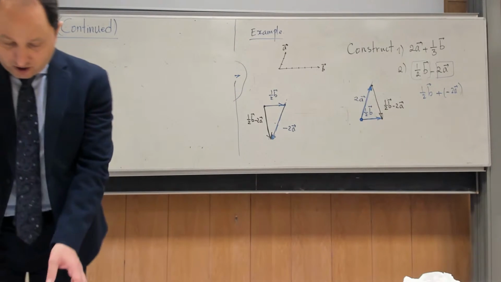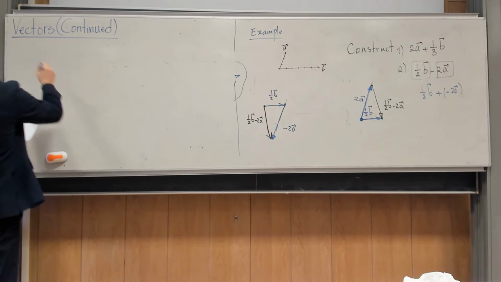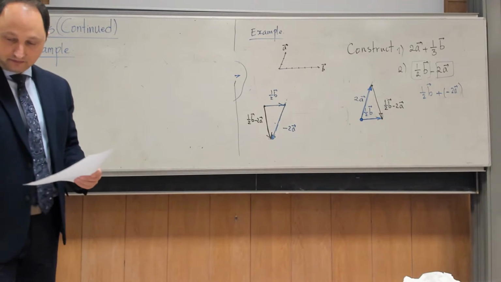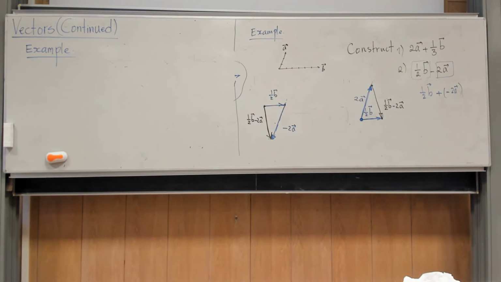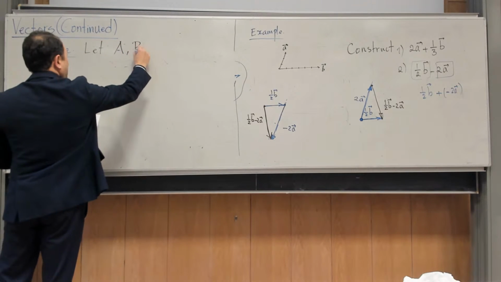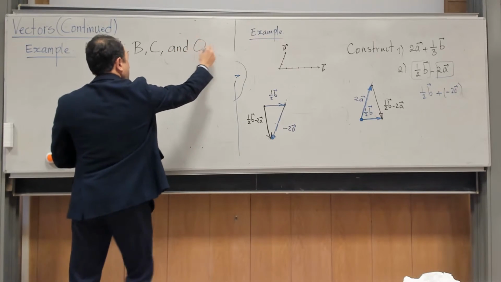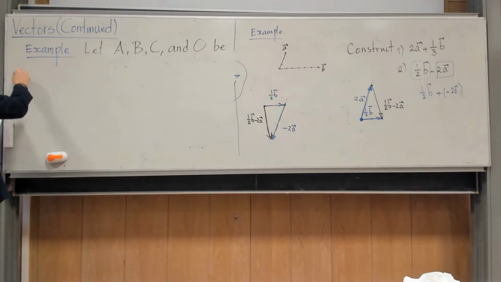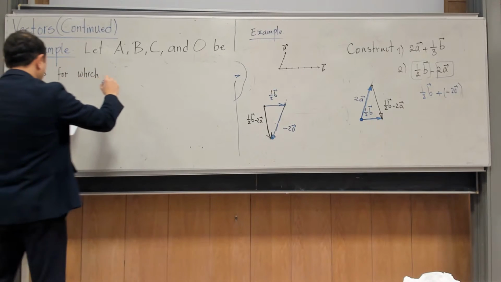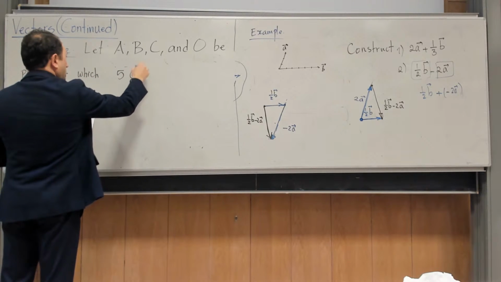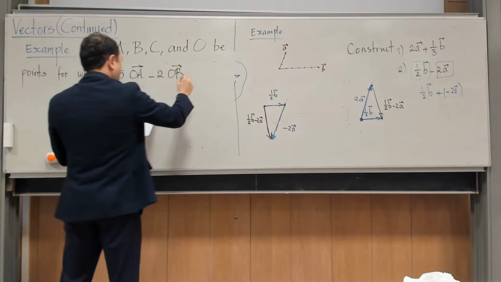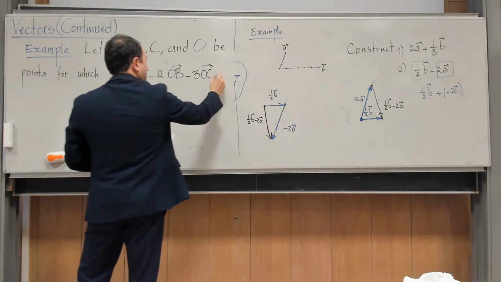Okay, so let me ask you a little bit harder question. Can you answer this question for me? Example: let capital A, B, C, and O be points for which I have this relation: 5 times the vector OA minus 2 times the vector OB minus 3 times the vector OC turns out to be the 0 vector.